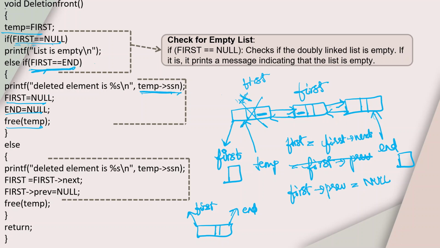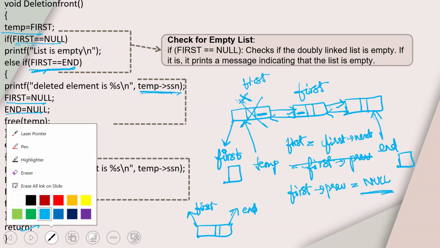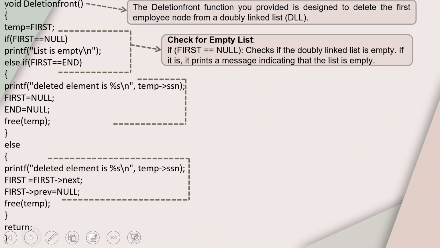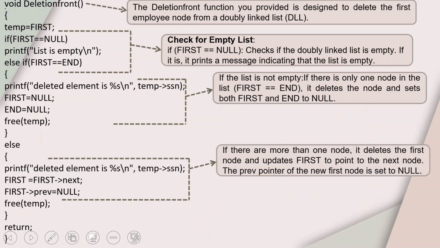So it has no previous node. So that should be null. And you free the temp and return. Okay. So take time and go through this.